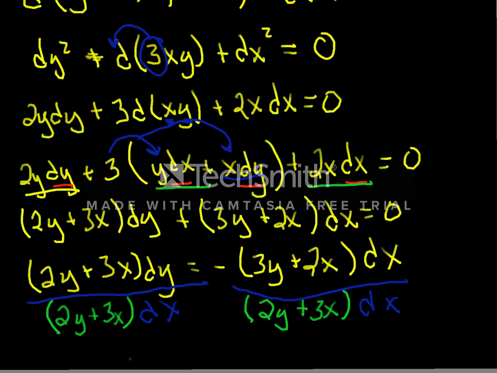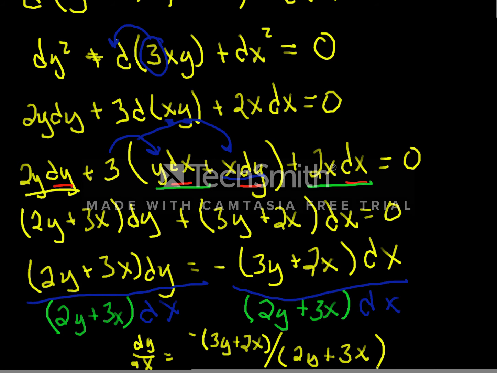Dividing both sides by that, and squeezing this in at the bottom, since I've run out of room, I get that dy divided by dx is equal to negative 3y plus 2x, all divided by 2y plus 3x.